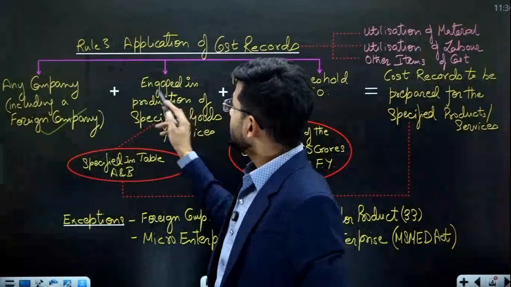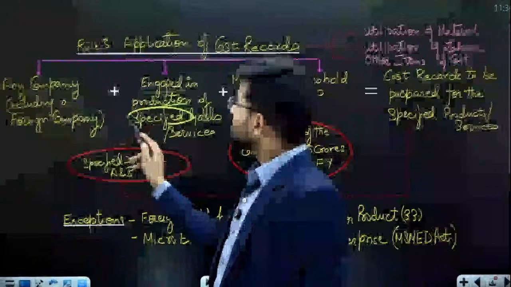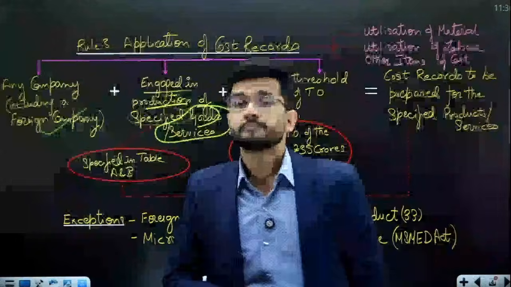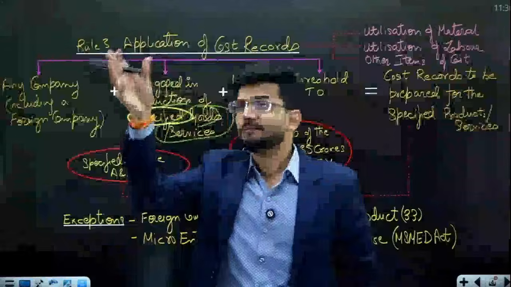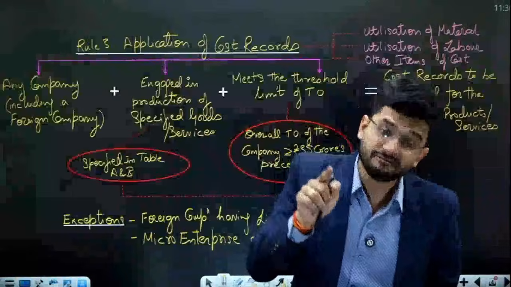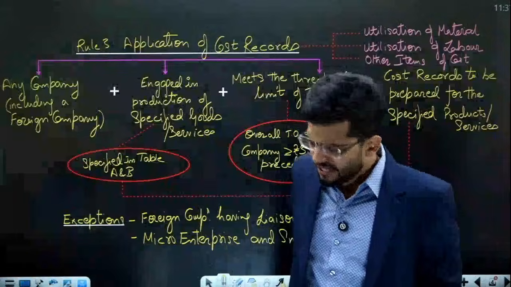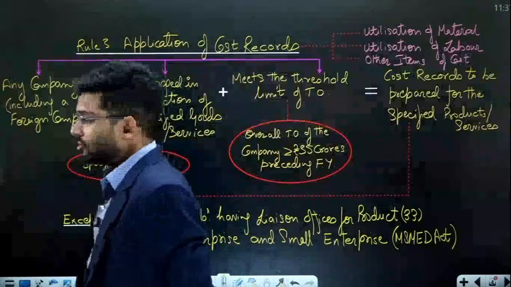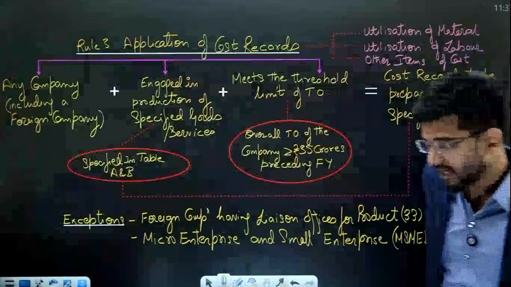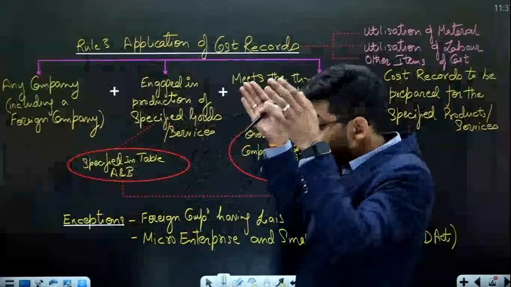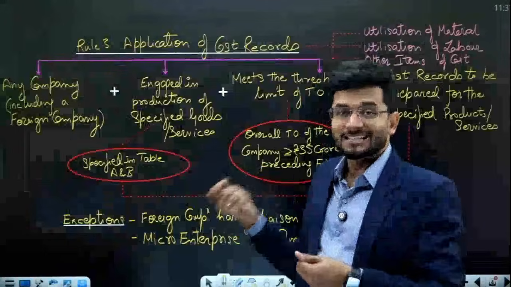Okay. Then they should be engaged in production of specified goods or services. What should they make? Any product or service? No. Specified goods and services. So guys, very simple logic: we want to get cost records prepared by companies whose costing mechanism is a little complex.